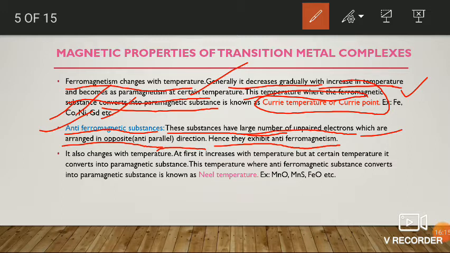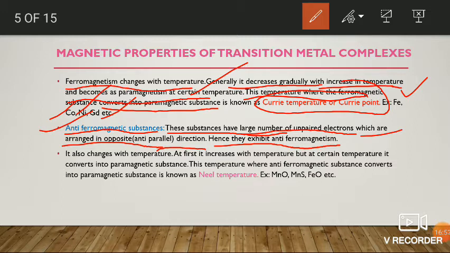That is, the two atoms or metal ions present side by side in the crystal lattice have antiparallel spins of the electrons. So mutual spin cancellation takes place. So they act as antiferromagnetic substances even though they contain a large number of unpaired electrons.